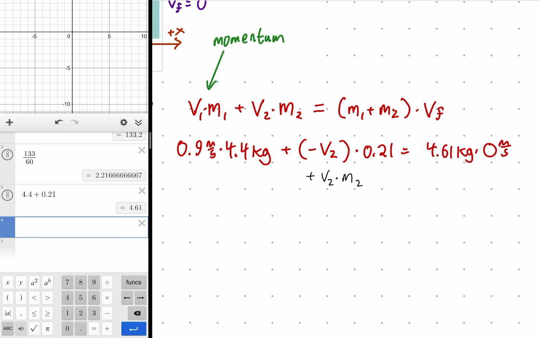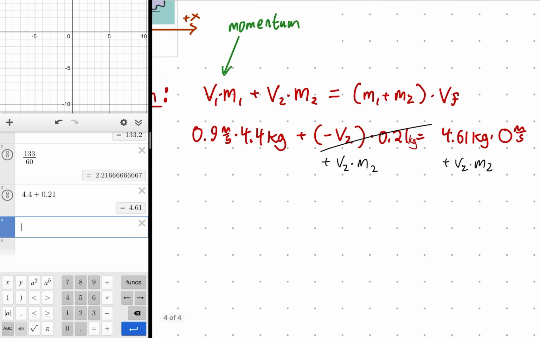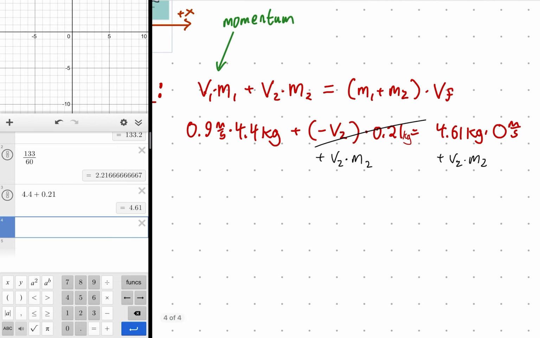Remember, m2 is the 0.21 kilograms, which I left off the units, which I don't like to do. And then I'm going to add that to both sides, see? And that means that this one cancels out because, adding the positive version of something to the negative, right? It's like taking -5 and adding +5, it just becomes 0. So then we're all ready to actually solve for this.